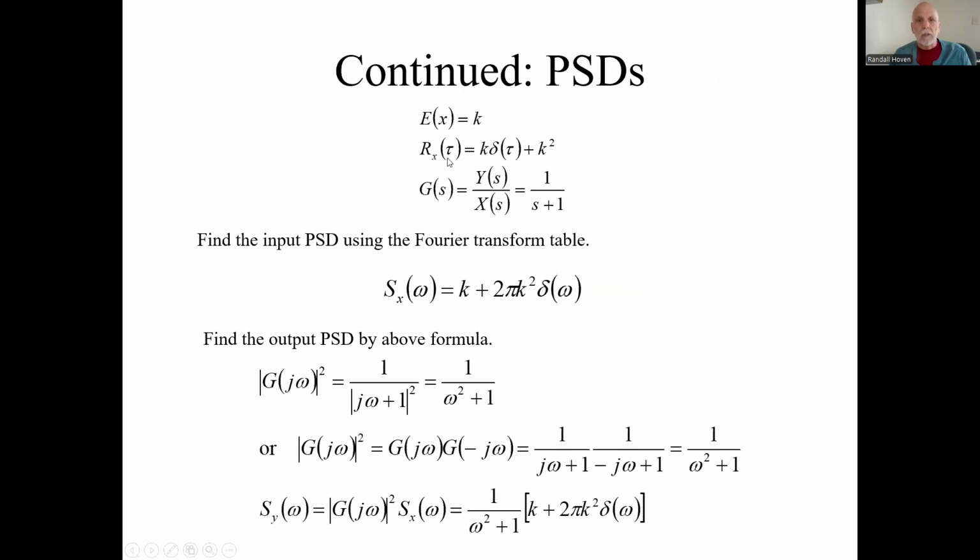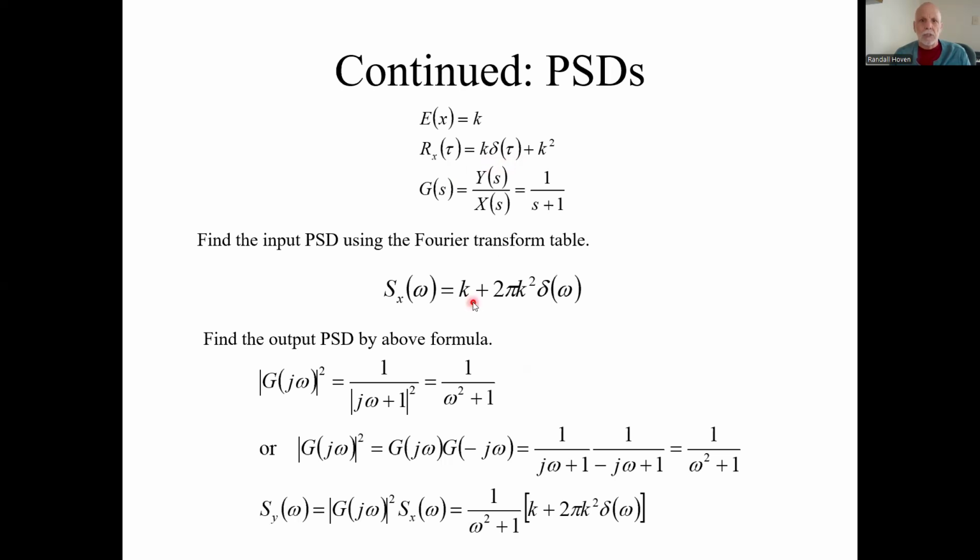To find, well, what it was asked for, the power spectral density of the output. And we get that by, first we need the power spectral density of the input. And that is just the Fourier transform of the input's autocorrelation function. So we need a table for that.